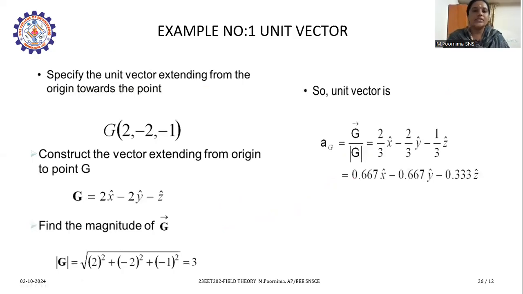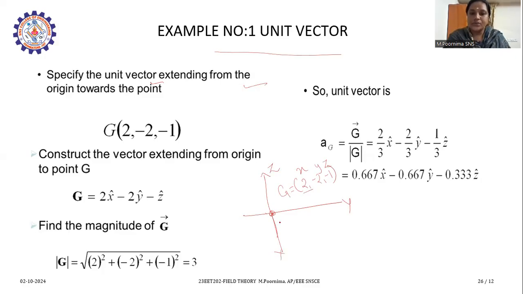Now we can see a small example of a unit vector. Here the vector extends from the origin to a point G equal to (2, -2, -1). This is the x-axis, this is the y-axis, and this is the z-axis.